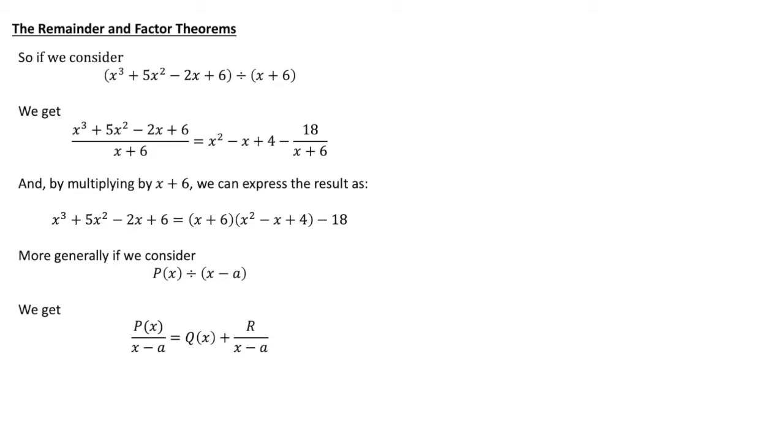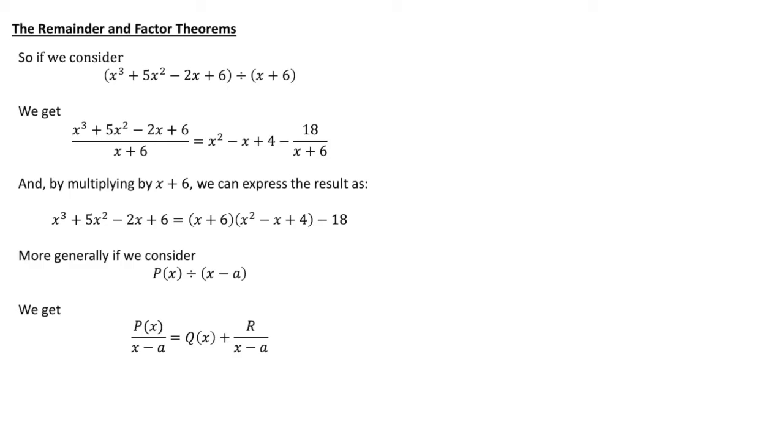And similarly to above, when we write p of x divided by x minus a, we can write that instead as a fraction, so that's p of x over x minus a, and that will give us another polynomial, q of x, plus a remainder which still needs to be divided by x minus a.